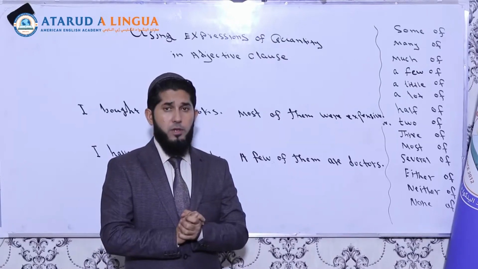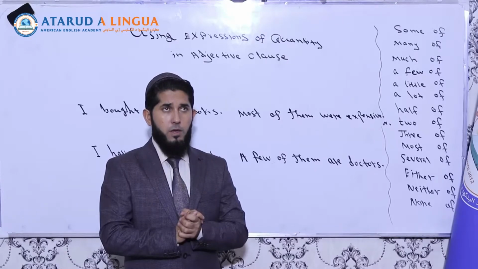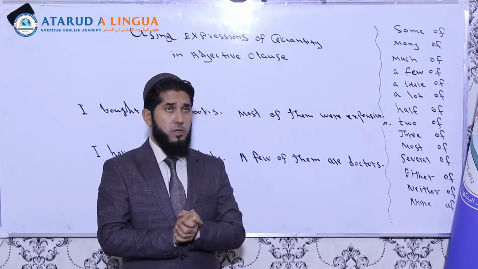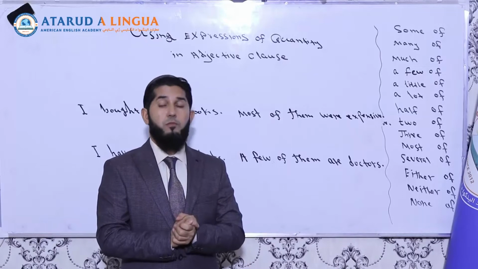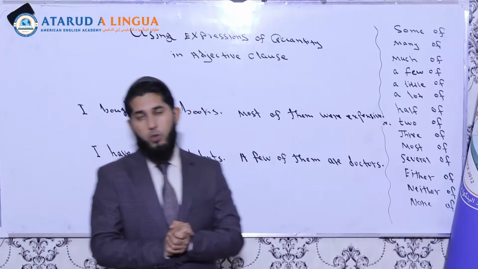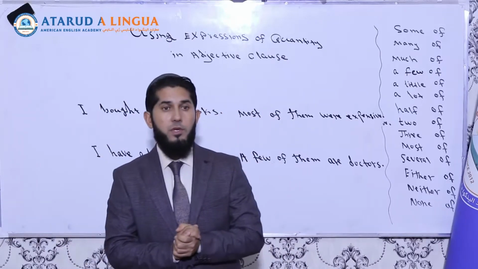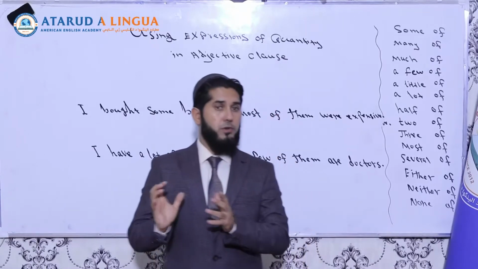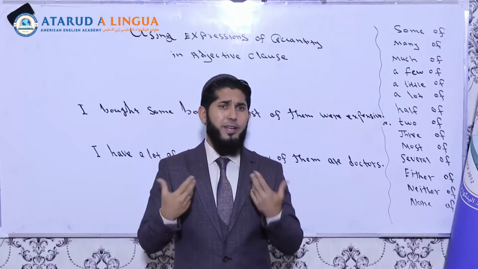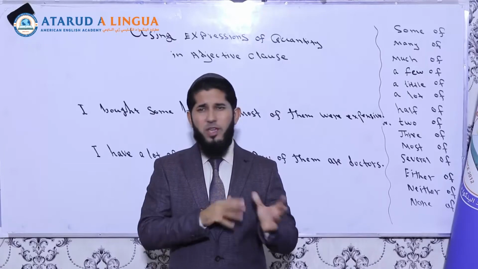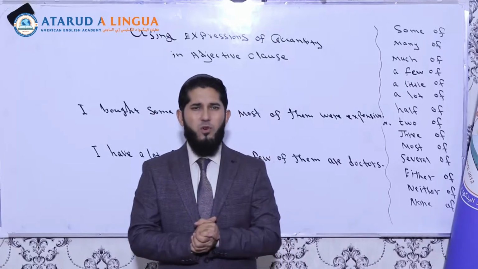For example, uncountable nouns, not countable nouns. For example, much of. So we cannot say much of the books. According to grammar, if you hear a native speaker saying that, it will be very informal, okay?